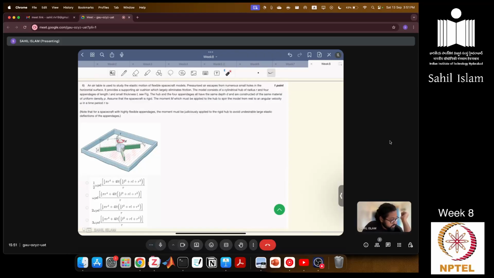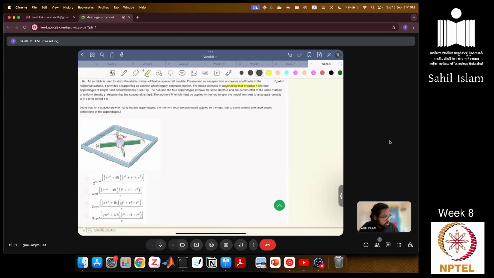The model consists of a cylindrical hub of radius r at the center, and four appendages of length l and small thickness, as you see in the figure. The hub and the four appendages all have the same depth d.